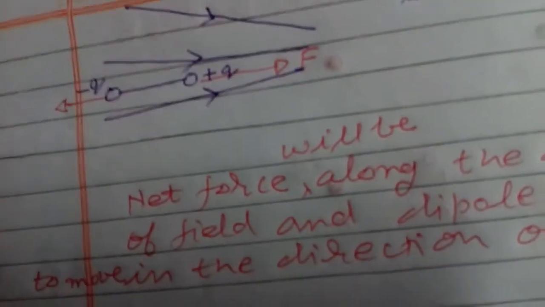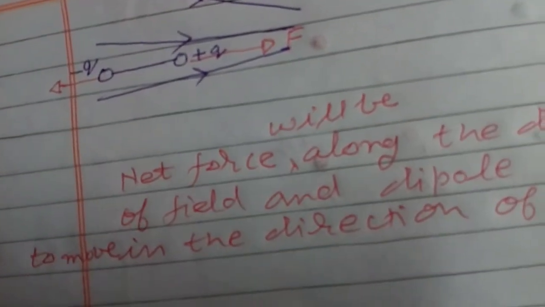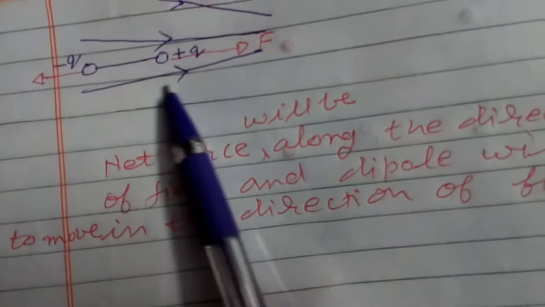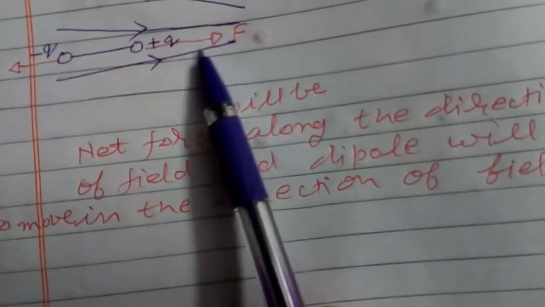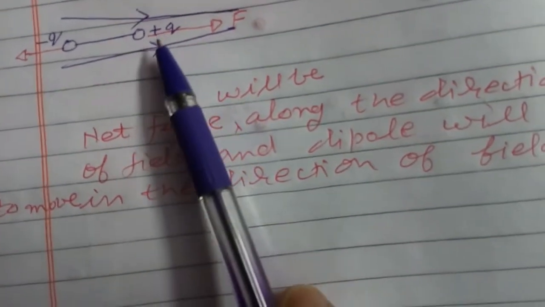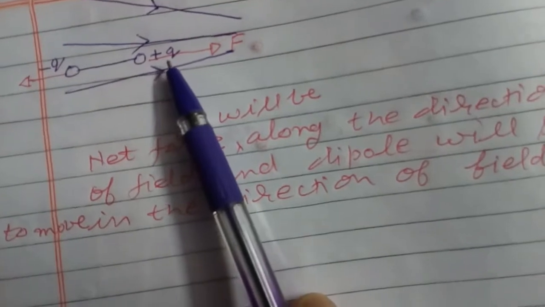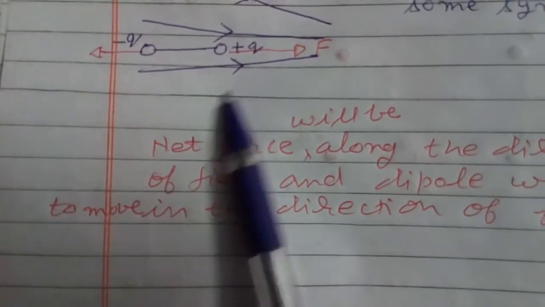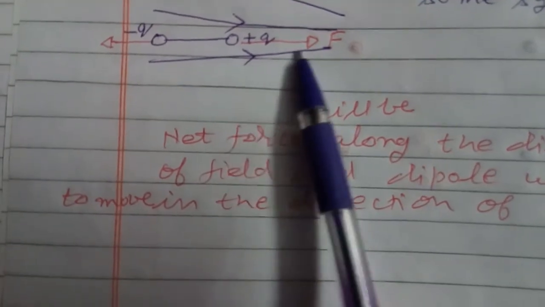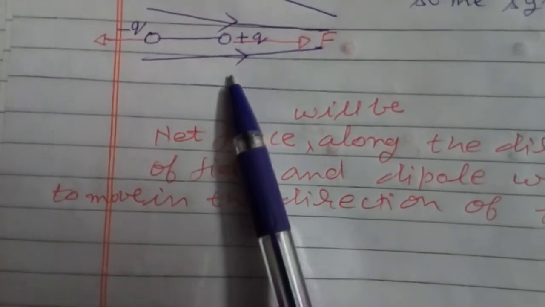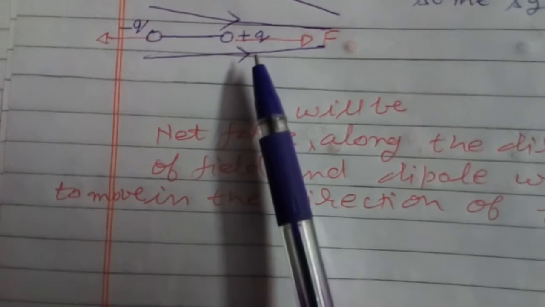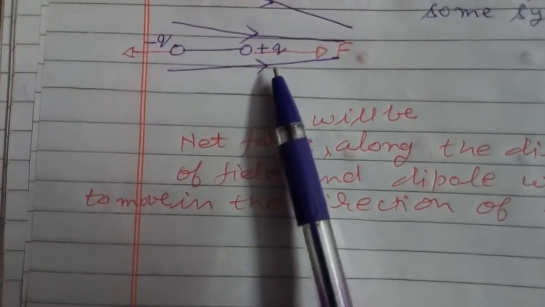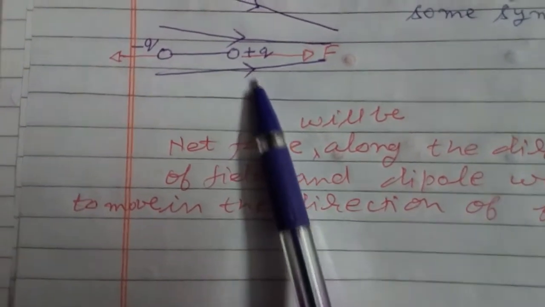Now what will happen if we put an electric dipole in a non-uniform electric field? See, when the dipole was kept in a uniform electric field, it had a tendency to rotate, but there was no translatory motion because both forces are equal and opposite. But when we put this dipole in a non-uniform electric field, what happens?